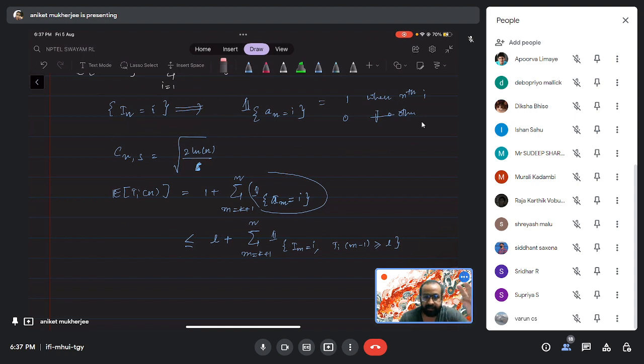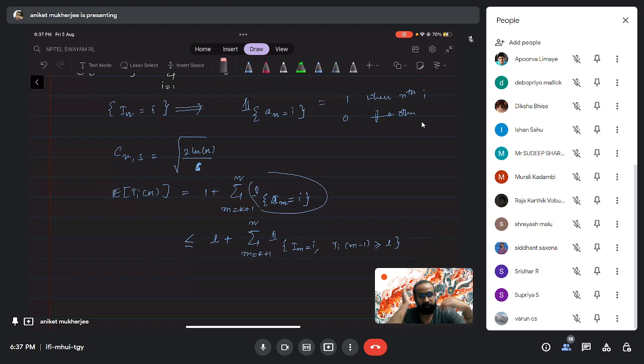Otherwise, I'll not add the event. So L is just like estimating with an upper bound. Instead of 1, my estimate of the expected number of times the arm N will be pulled is at most L. Once it's more than L, I'll keep on counting the events where I get more than L. Does that make sense? What L is?